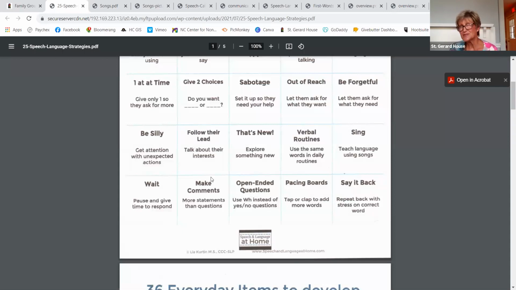Because our kids are so independent, they would much rather climb on the counters and get what they want than have to ask for it a lot of times. So I do like to create those opportunities where they have to ask.